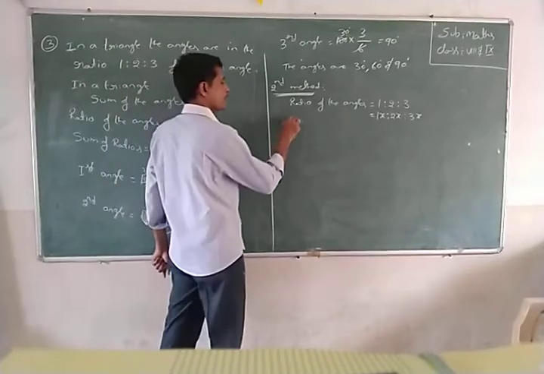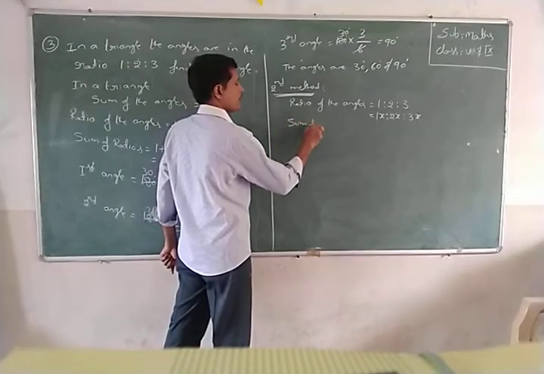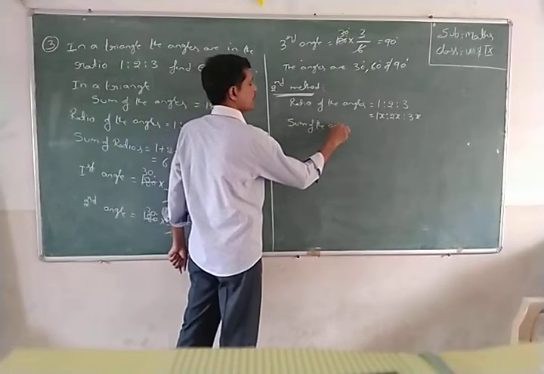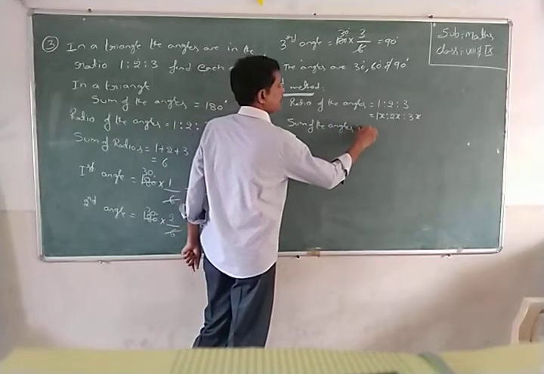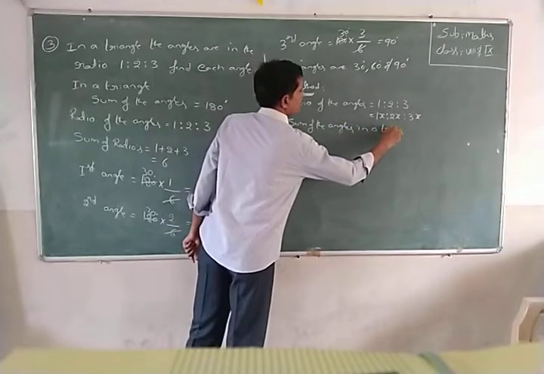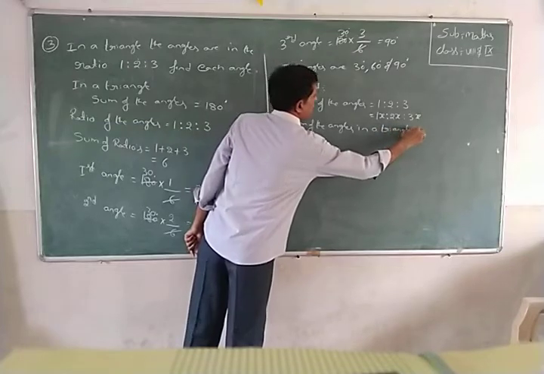Therefore the sum of the angles in a triangle equals 180 degrees.